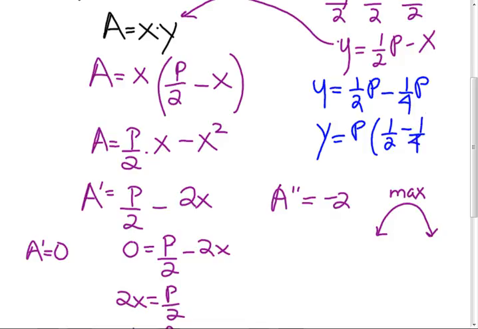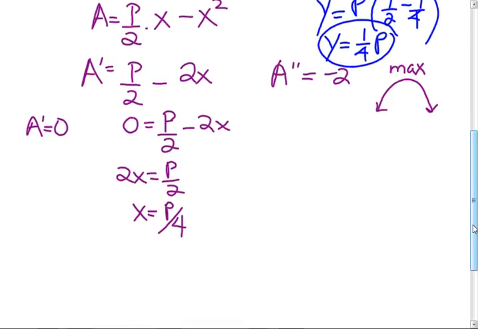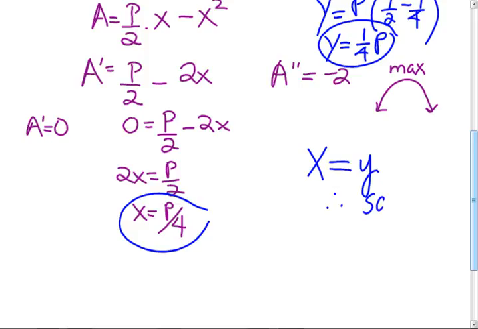Don't think about fractions: you have half a pie and you eat a quarter of a pie, what's left? Quarter of a pie. Okay? If y is 1/4 P and x is 1/4 P, then what's true about x and y? x equals y. Therefore, it's a square.